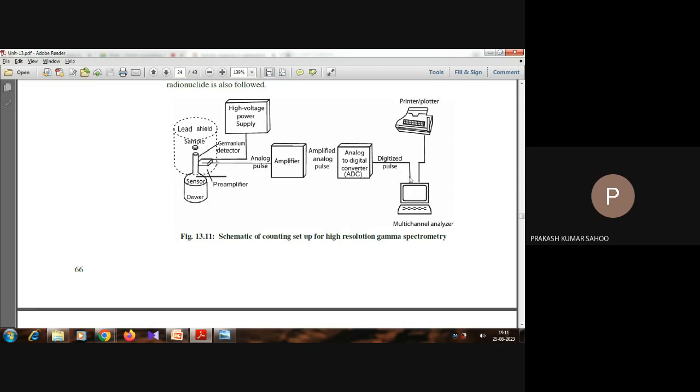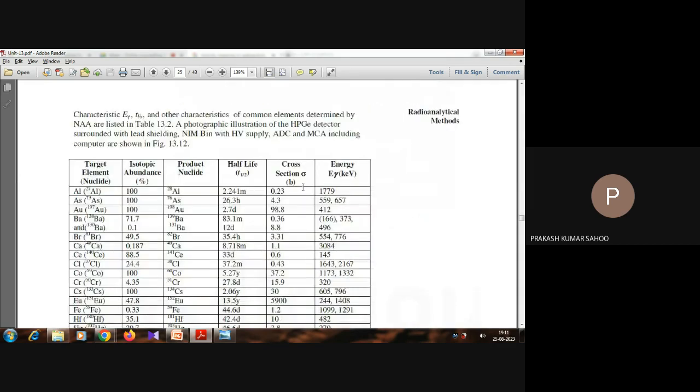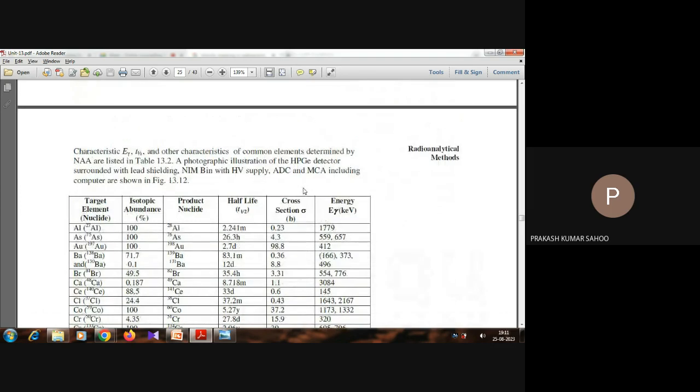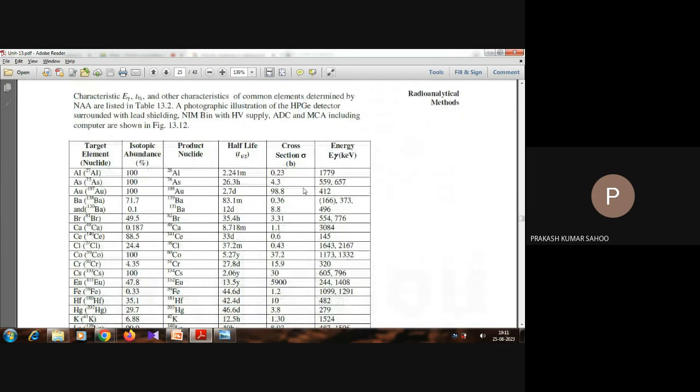Then some computer and printers are connected, and through this we will be able to sense the gamma ray emission. Then we have some target elements with isotope abundance, product nuclide, half-life period, cross section sigma, and what is the energy produced.